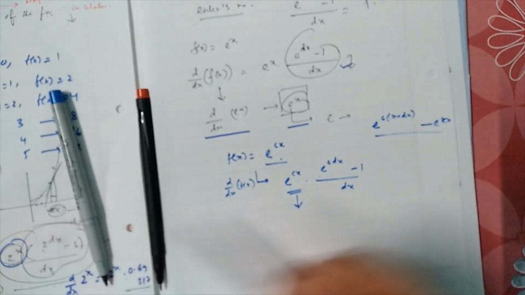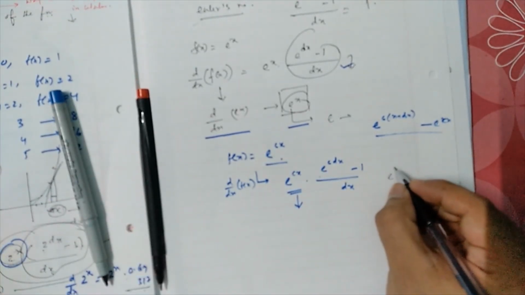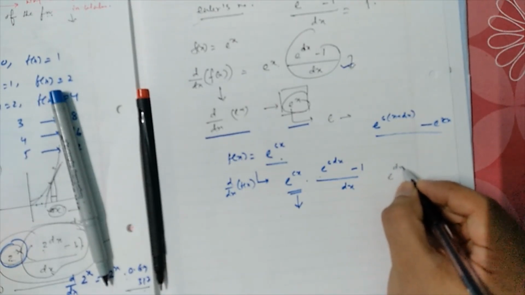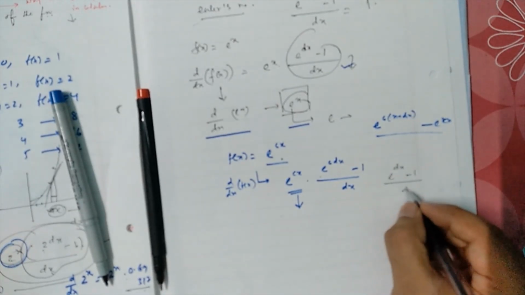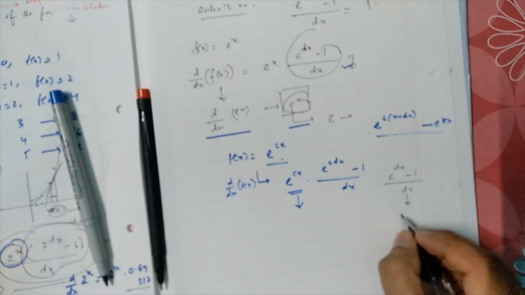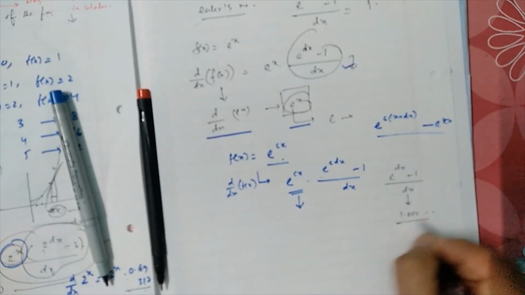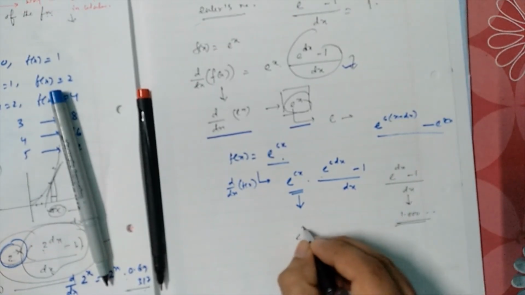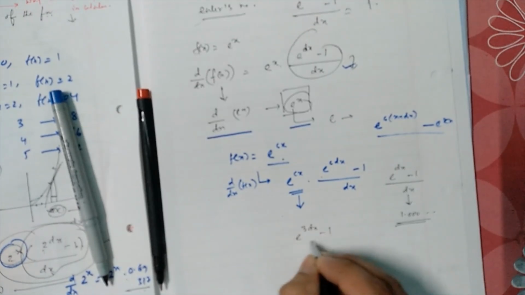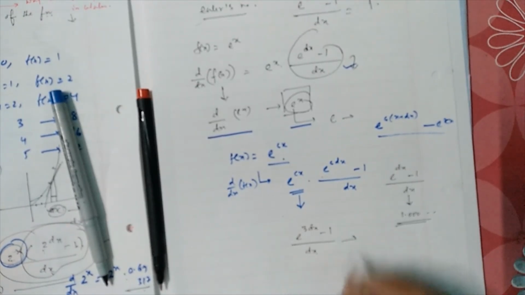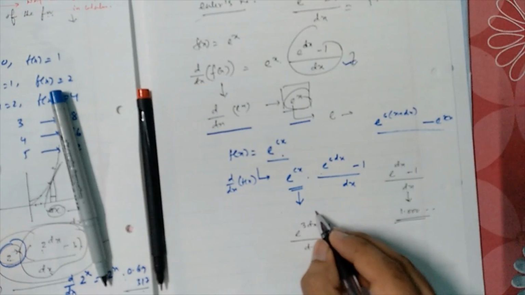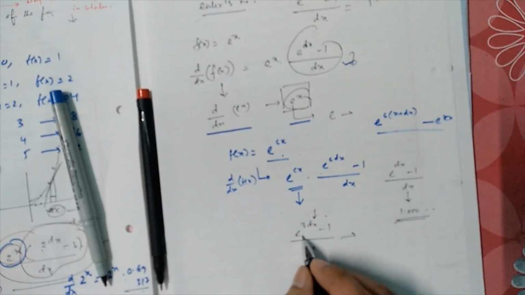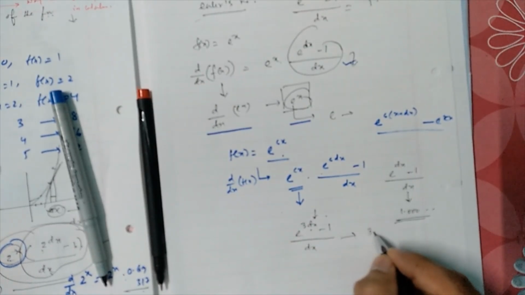But take this example. What you got, that (e to the power dx minus 1) divided by dx tends to 1.000, that means 1. So what does (e to the power 3dx minus 1) by dx tend to? That means if dx tends to 0, then this will tend to 3.0.